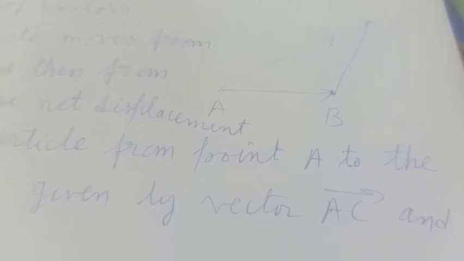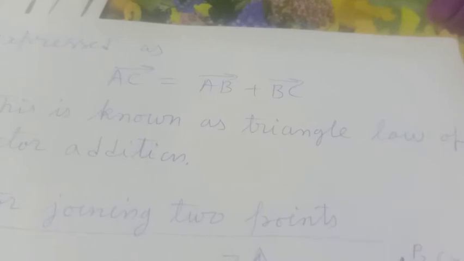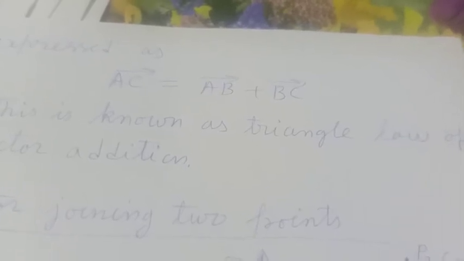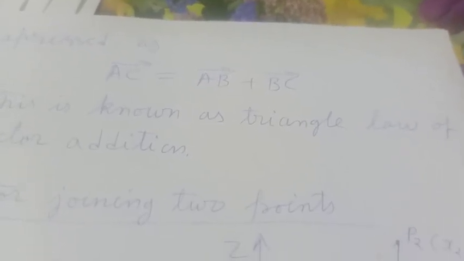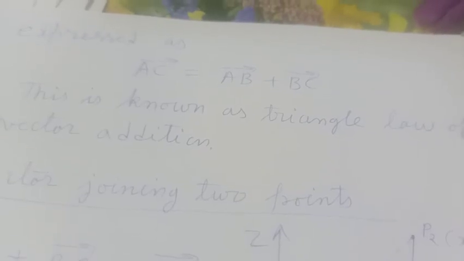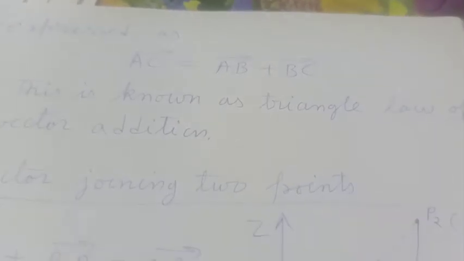In the figure it is clear, and it can be expressed as vector AC equals vector AB plus BC. This is known as the triangle law of vector addition. You have also studied that in physics.